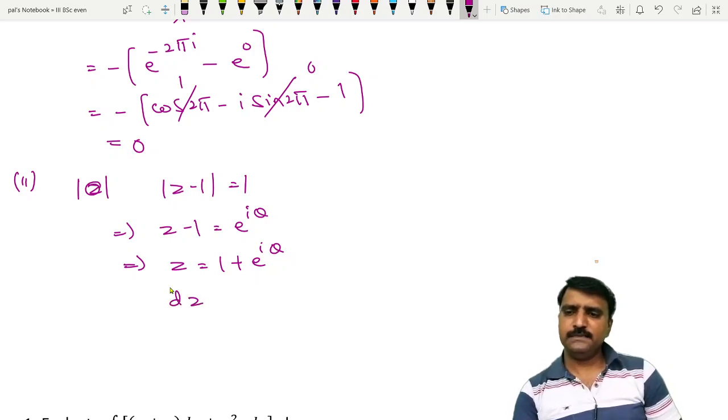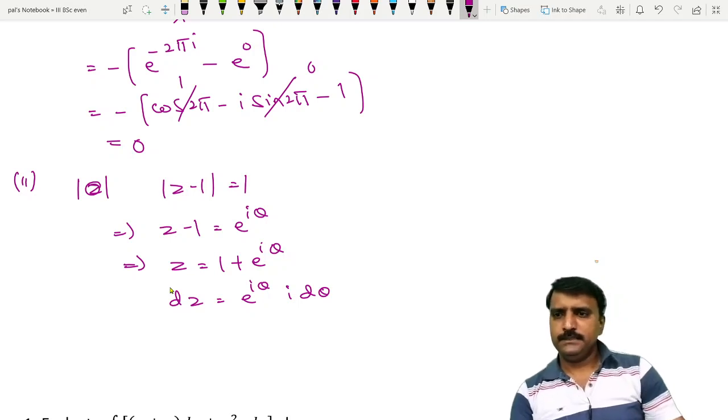So now what is dz? dz is equal to e power i theta into i d theta.